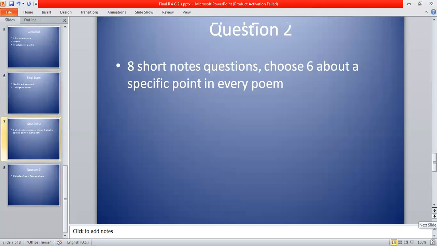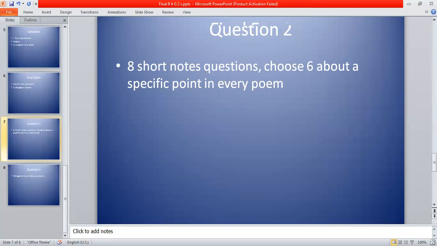Then part 2 is short notes. In this part, you have 8 short note questions, and you have to choose 6. Every short note is about a specific point in one of the poems you have studied.